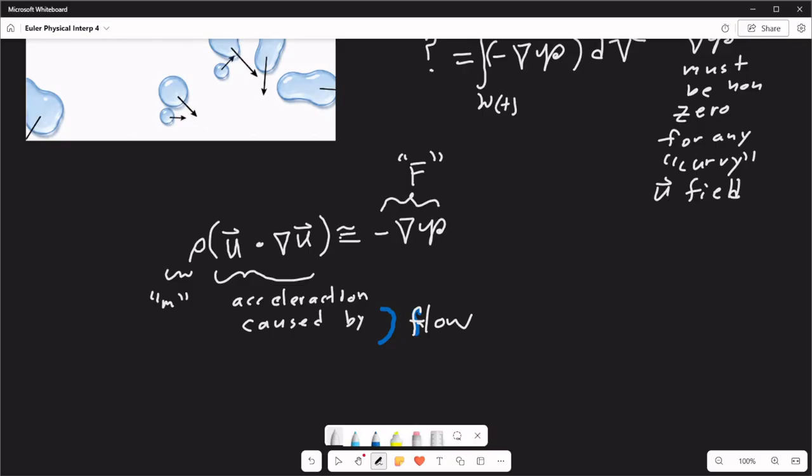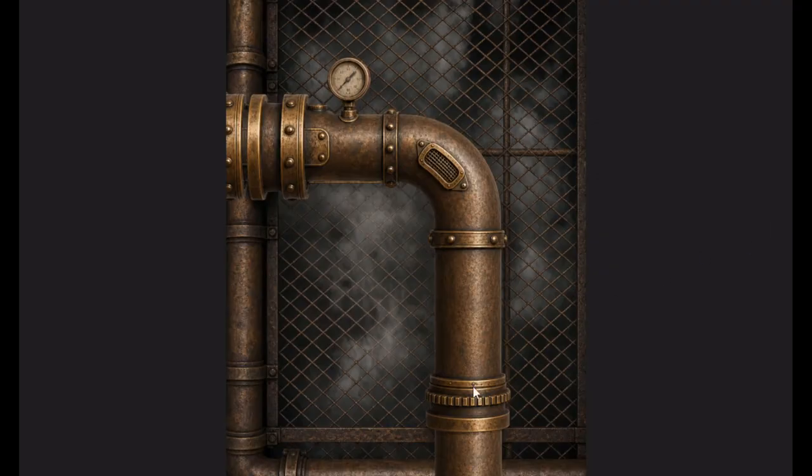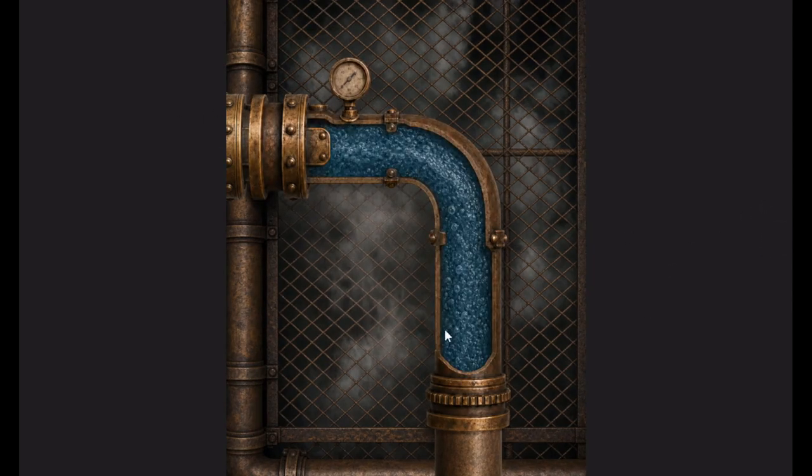And so another example of this is a pipe, and assume this pipe has steady state flow, so whatever's in the pipe has been flowing long enough that the velocity field inside the pipe is no longer changing. And there's this water kind of mixed with maybe steam that's flowing inside the pipe. So there are flow lines inside the pipe.